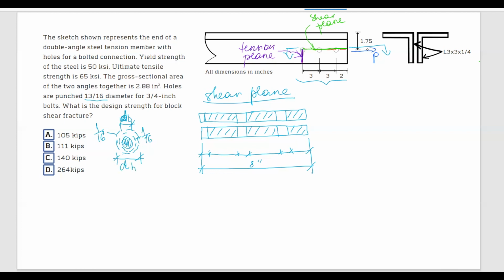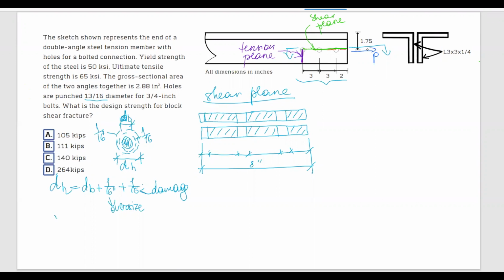In the end, the actual hole diameter is equal to the diameter of the bolt plus 1/16 of an inch due to oversize, because we have to make the hole bigger to fit the bolt, and another 1/16 of an inch due to damage that happens around that hole due to punching.